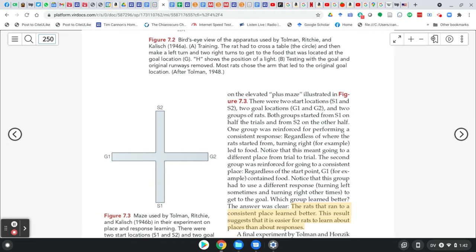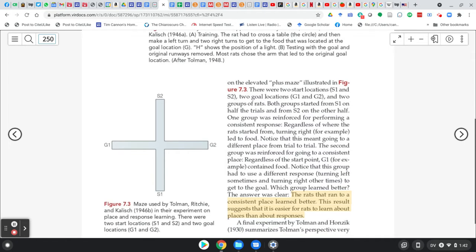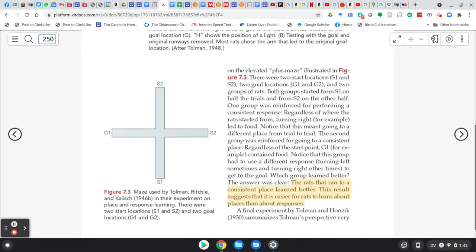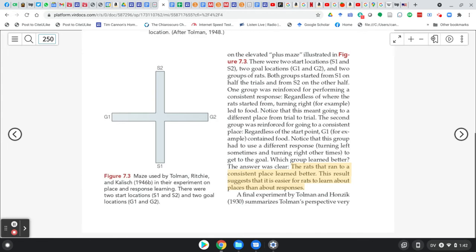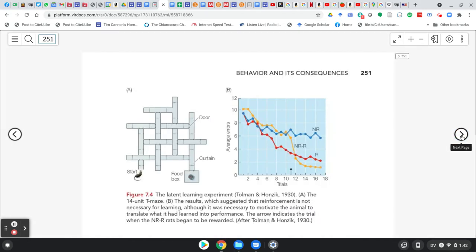These are often elevated off the floor, or else the rats would just step off them and walk on the floor. So you can make them based on responses or locations. And as the book points out, locations are better.